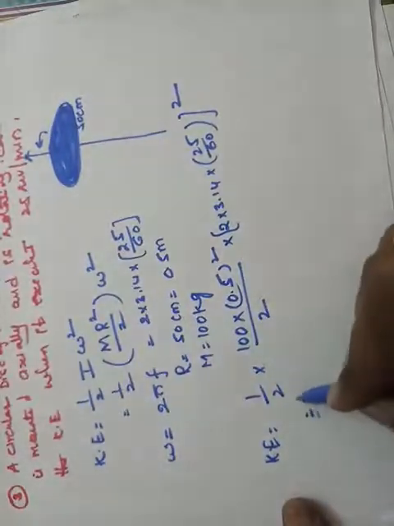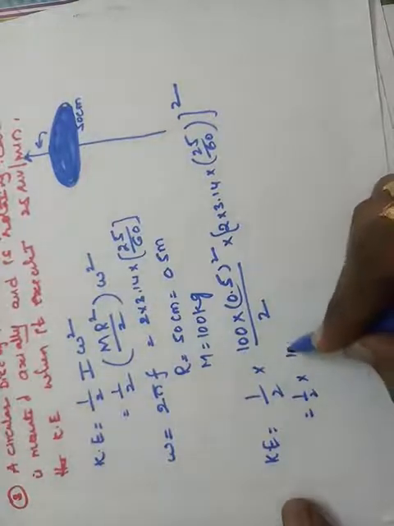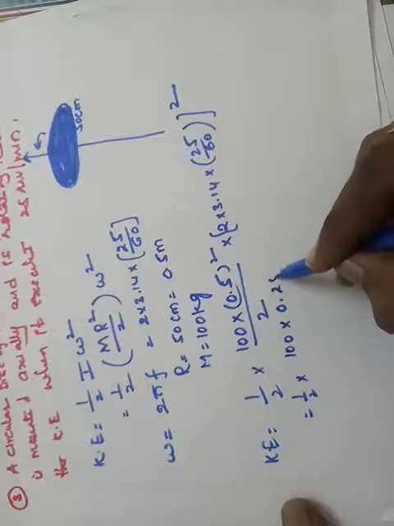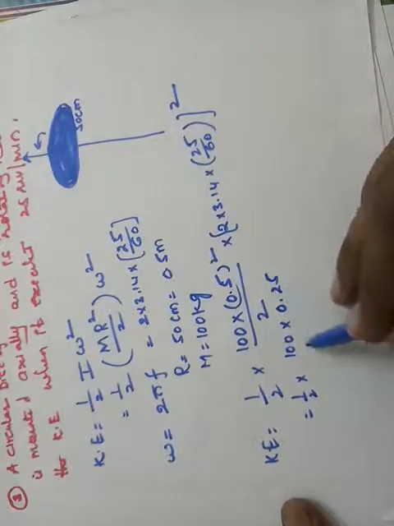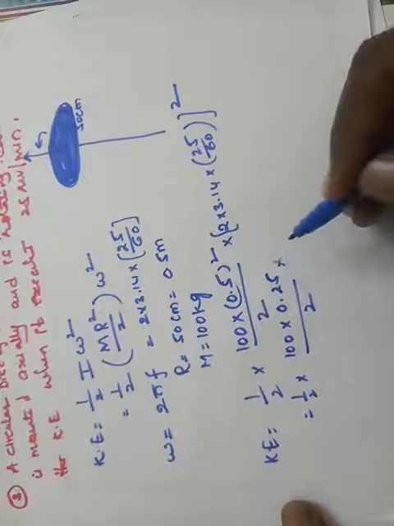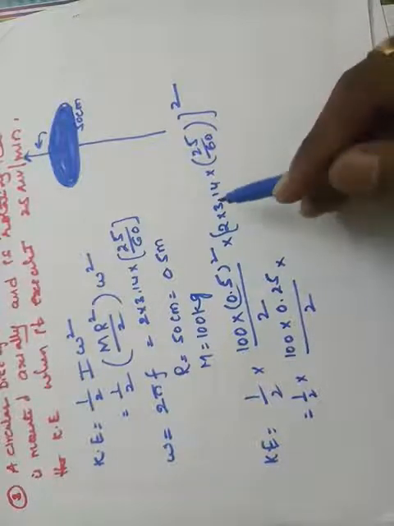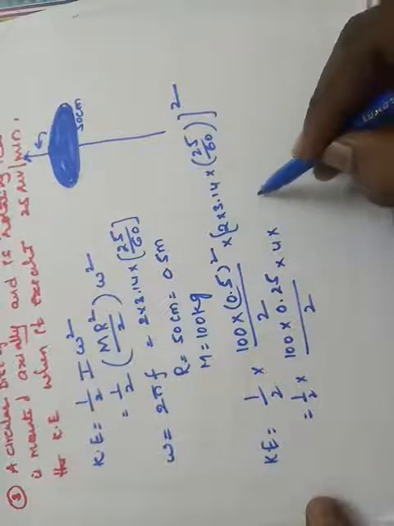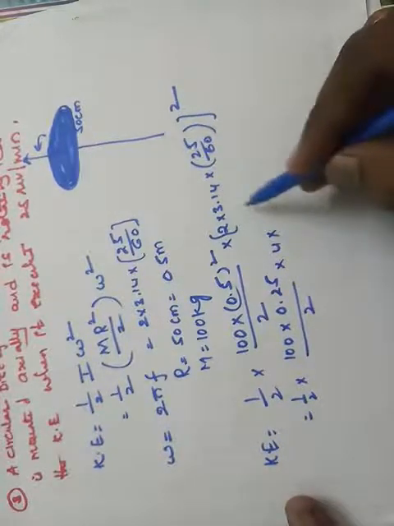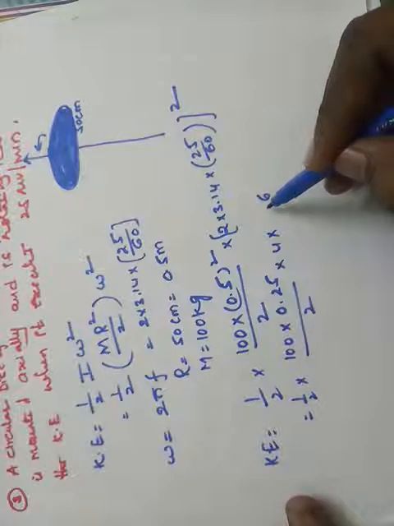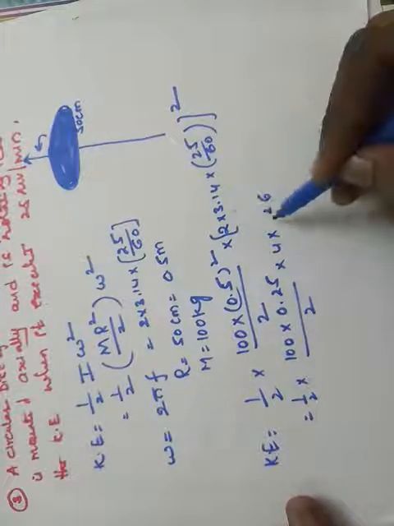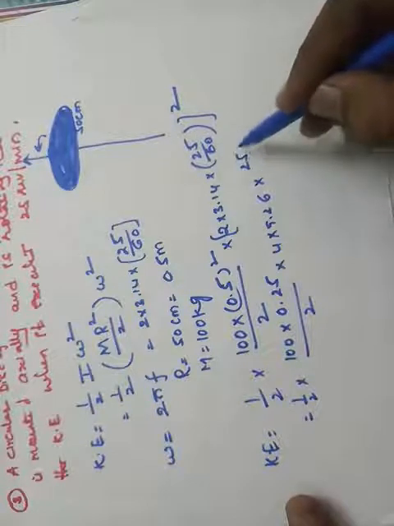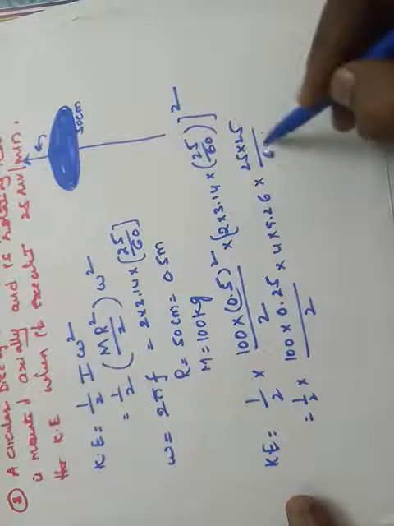Now 1 by 2 into 100 into 0.25 by 2 into, so what we get here is 4, and squaring this, 6, and 2 will get 9.6 into 25 into 25 by 60 into 60.